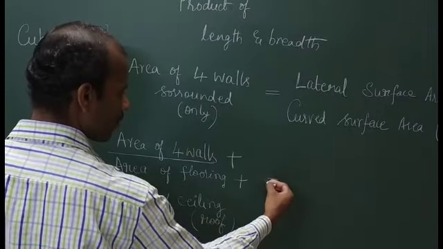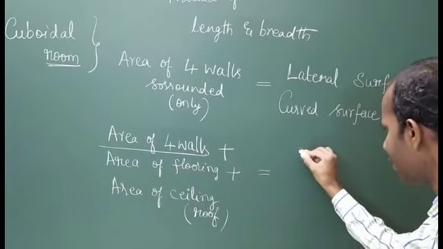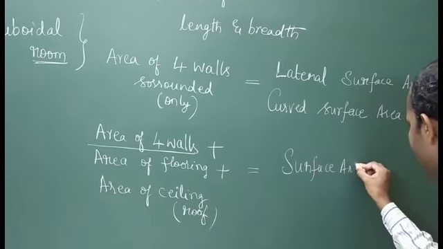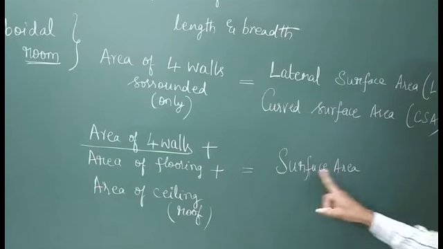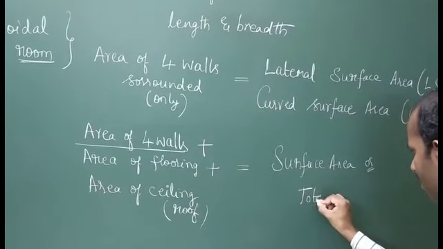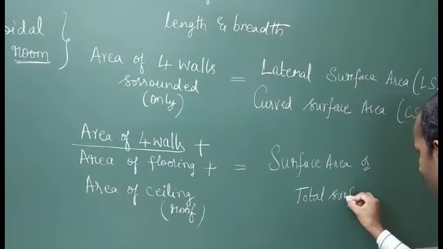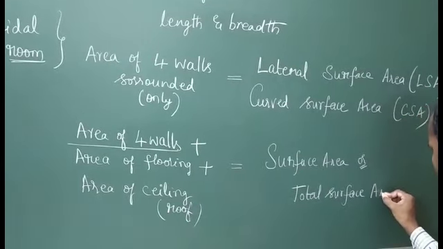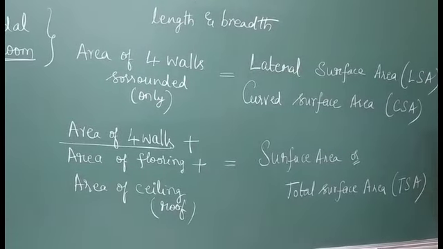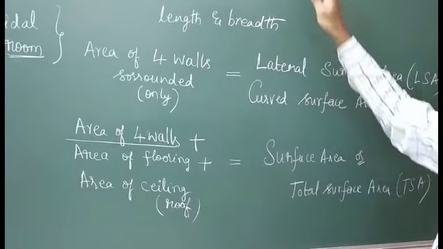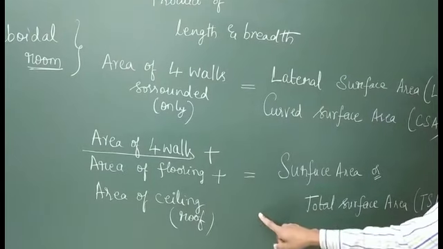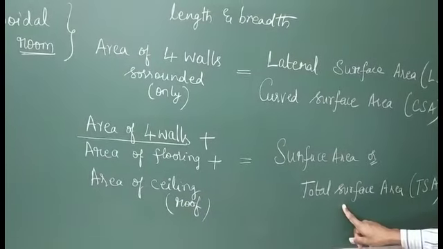So this is termed as just the surface area, or total surface area, denoted by TSA. Whenever we have a question to find the surface area of the given solid, we just find the total surface area.